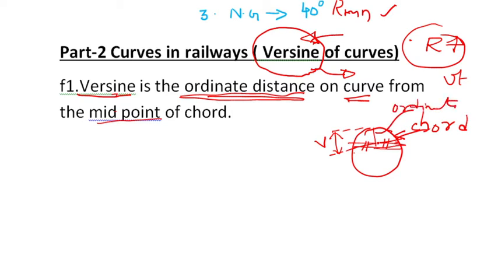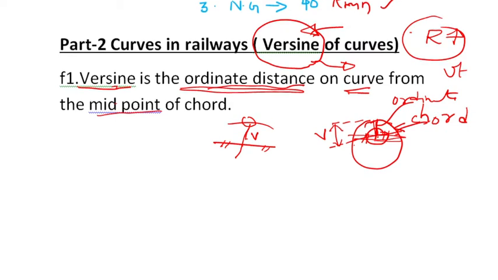Now from the midpoint to the curve, the distance that is there is called versine. So it is the ordinate distance on the curve from midpoint of chord. That distance is called the versine of curve. I hope up to here it is clear.